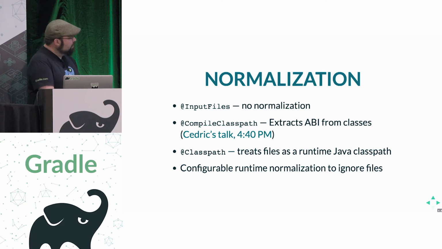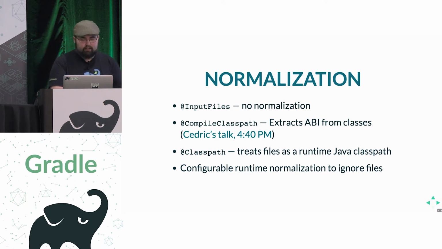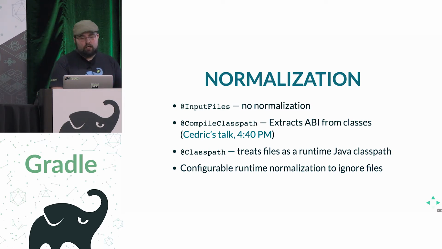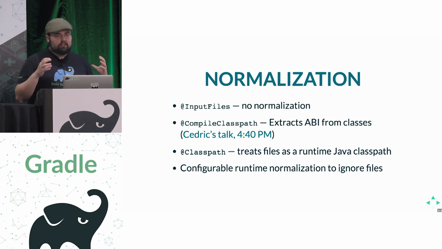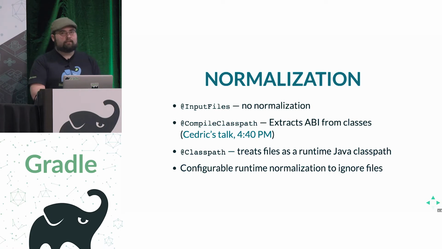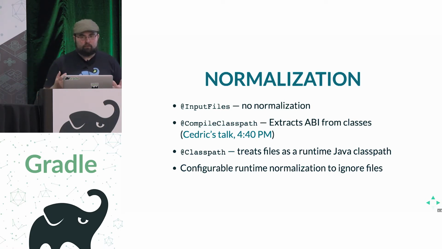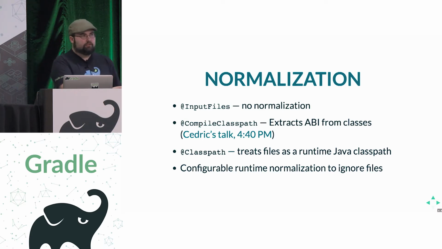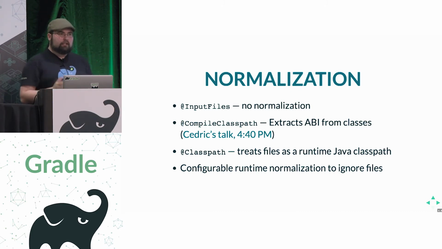On top of this, we also provide a mechanism for being able to configure the runtime class path normalization, and we can configure it so that you can say these resources inside this class path don't matter. Right? It would ignore those. And you would really use that for cases where you want to embed like a fingerprint into your jar file that says it was built on Jenkins slave whatever at this time by this user, that sort of thing.